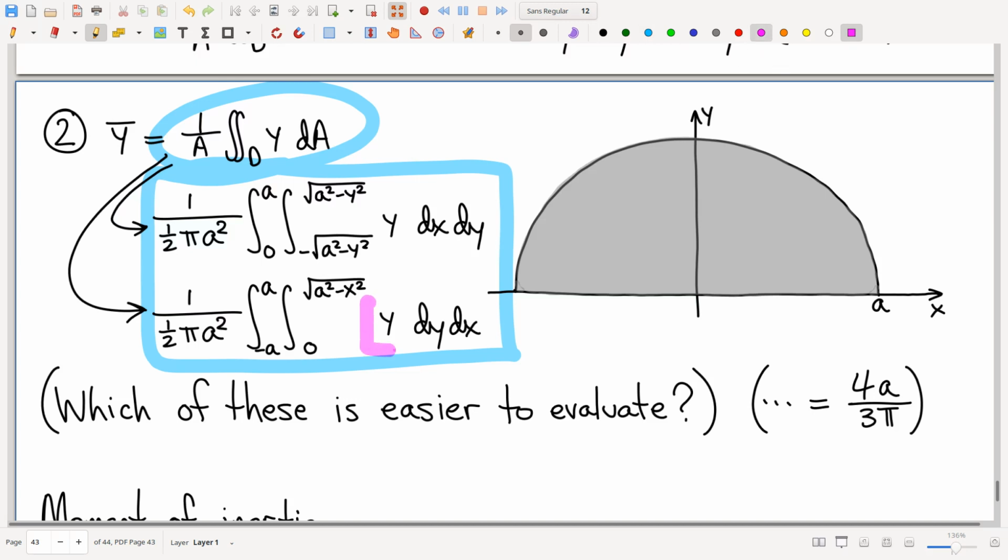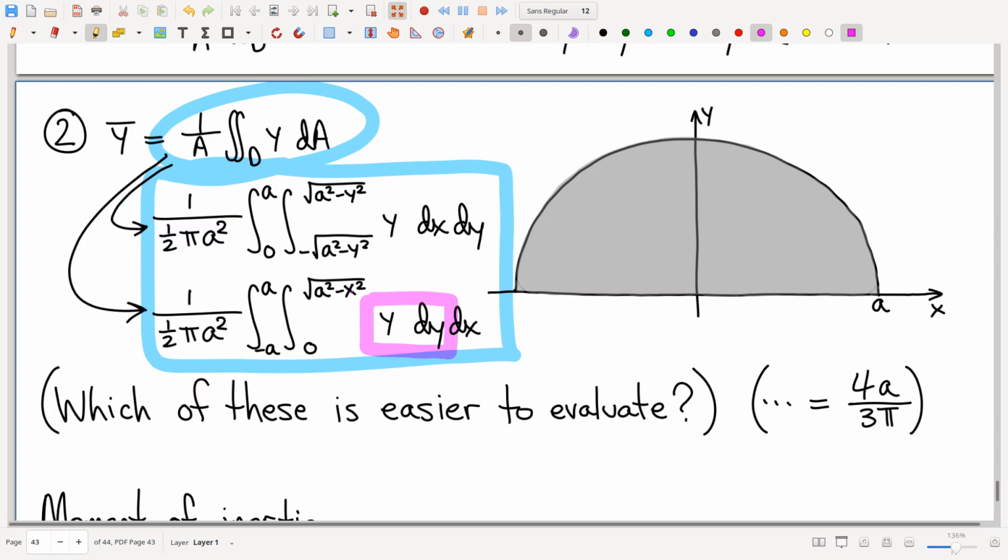Look at what's happening here. My very first antiderivative that I take will turn this y into a y squared. I'll be plugging a square root into a square, which makes the square root ugliness disappear, and it's all polynomials from there. And so that second integral, I think, is quite a bit nicer and more convenient to evaluate.